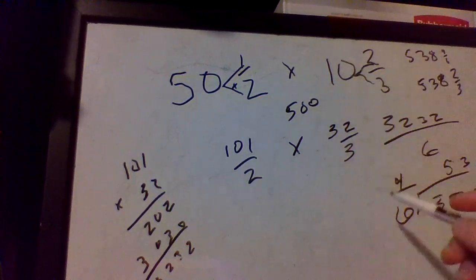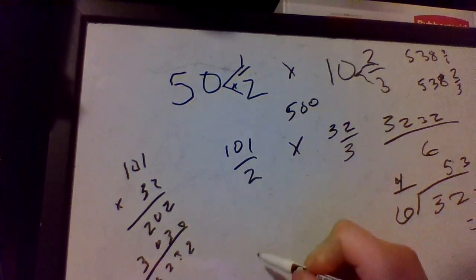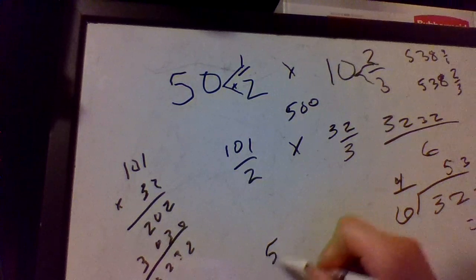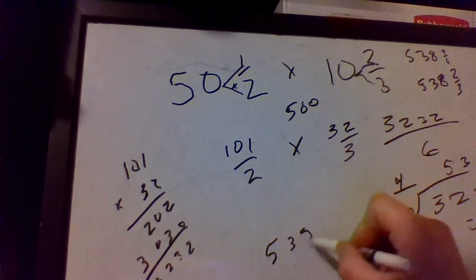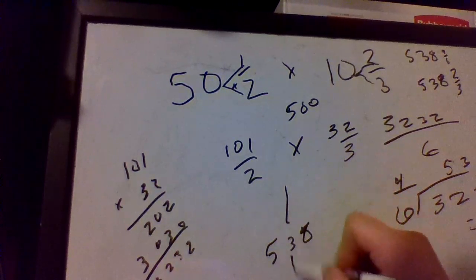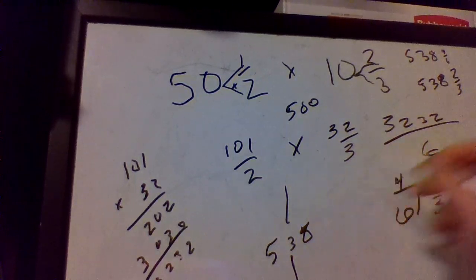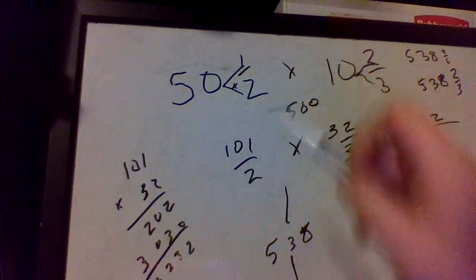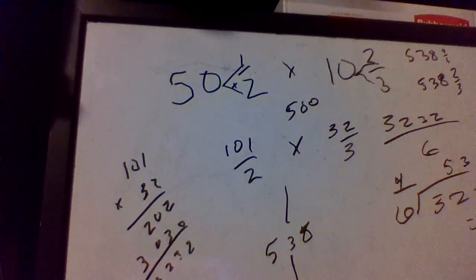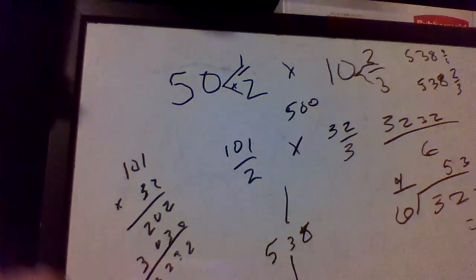Now, when you have really big numbers like this, you can go up and down 50. However, you're never going to see a problem like this on a test. I can guarantee it. At least not until high school, and even then, I don't know if you will.